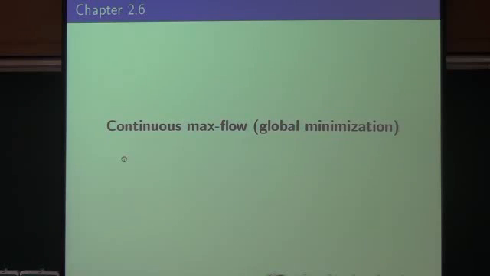So that's a good point. All the methods we have talked about so far, very few of them can guarantee a global minimizer, but graph cut always does. And now we are trying to see, can we carry all those things into the continuous setting, and that's what the continuous max flow is trying to do.